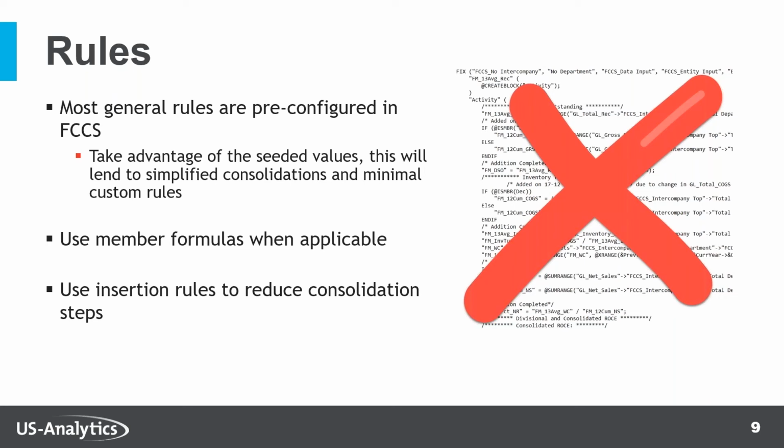So that's standard functionality that is needed across all industries, all clients. So that is something that FCCS has pre-configured for you. Now, that being said, again, you have to take advantage of the seeded values in order to do this, and doing so will lend to more simplified consolidations and minimize the number of custom rules that you might need.